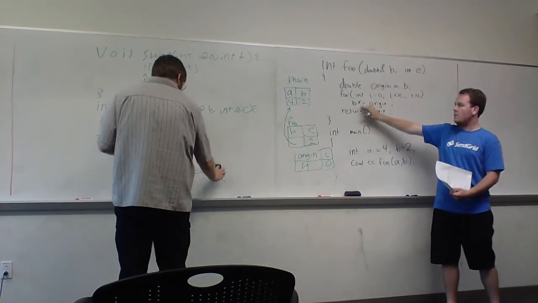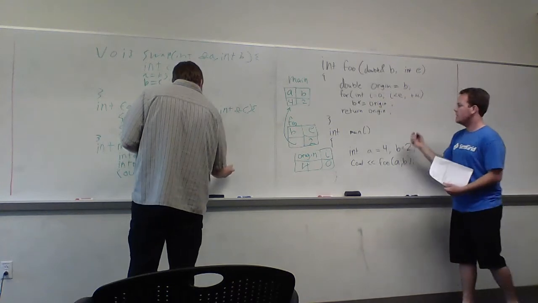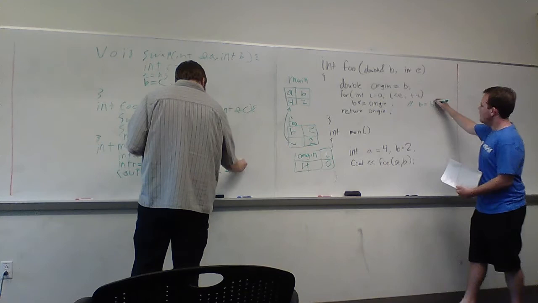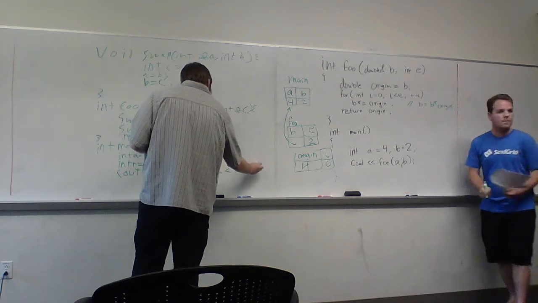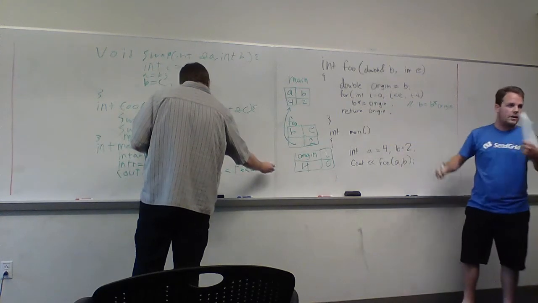B times equals origin. You may have seen the syntax before. It is equivalent to B equals B times origin. They are exactly the same. This is just shorthand so you don't have to rewrite the variable name on the left twice.